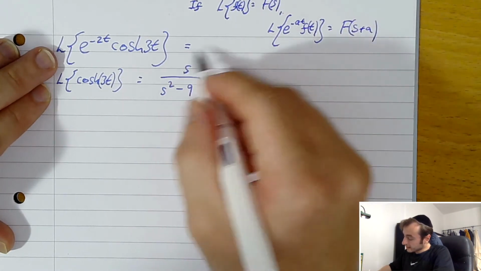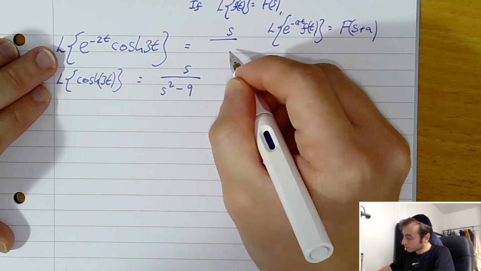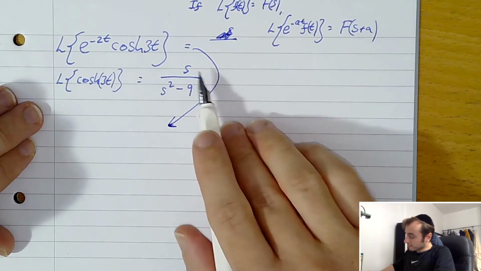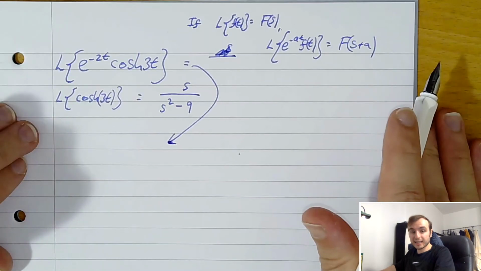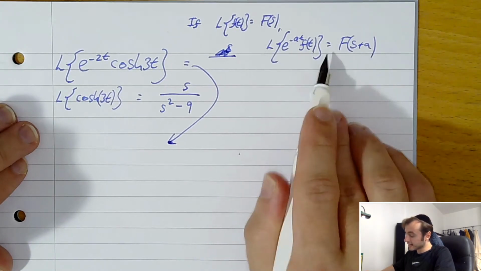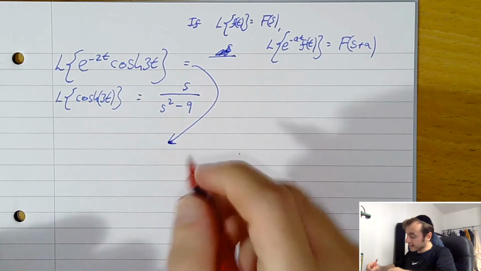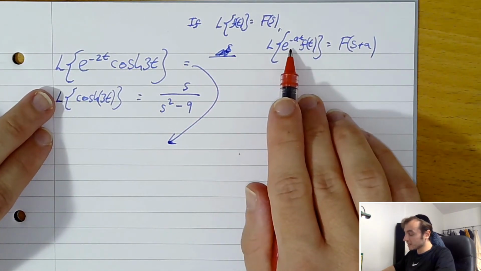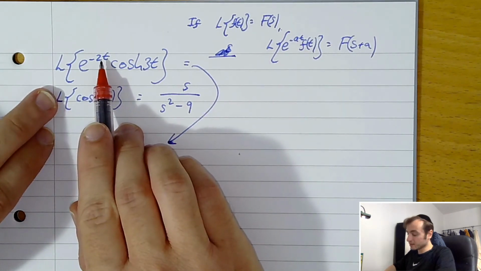So we've got here the normal transform, f of s, which in this case is going to be s on, whoops, did that wrong, it's going to come down over here. It's going to be exactly the same thing, just wherever we had the normal s, we're going to replace the s with s plus a. So it's actually very straightforward. The a here is referring to the a in the e to the minus at bit, which over here is the 2.